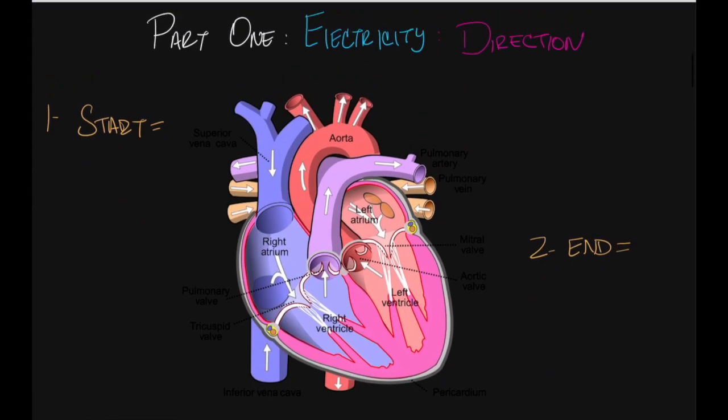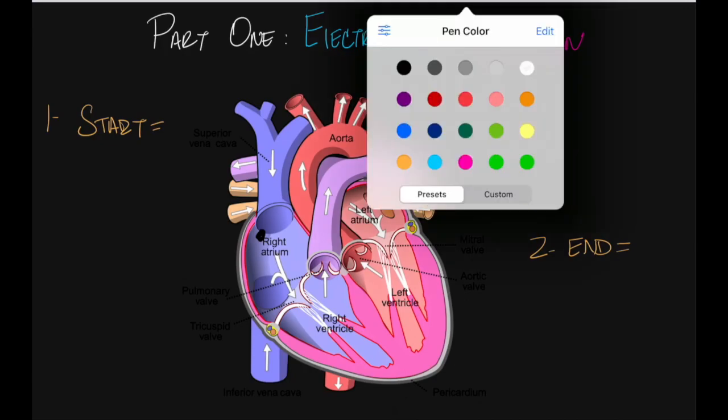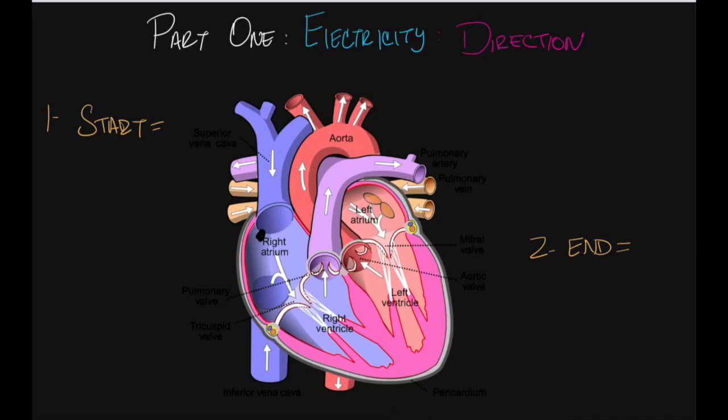So let's begin that journey. Alright, we know that the electrical source of the heart is typically in that right atrium, in that SA node. And we know that the electrical activity typically moves in an inferior manner towards the ventricles.